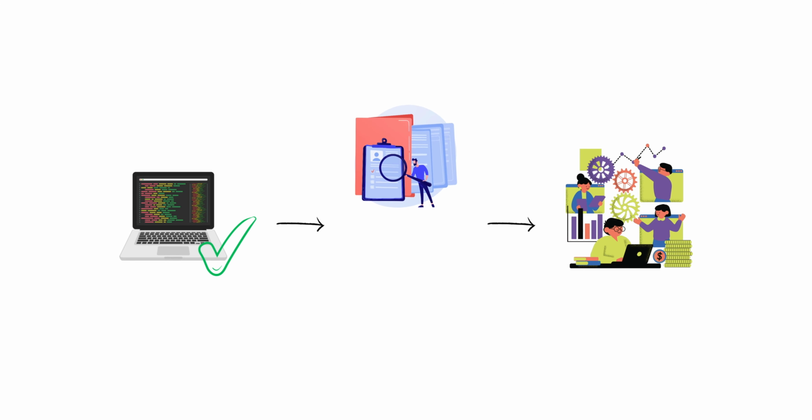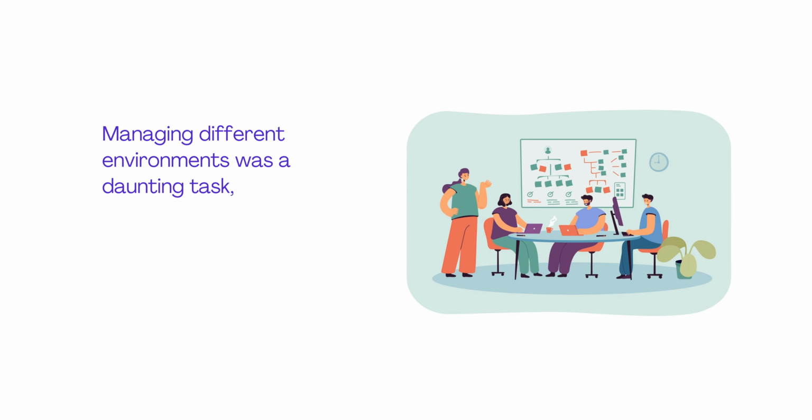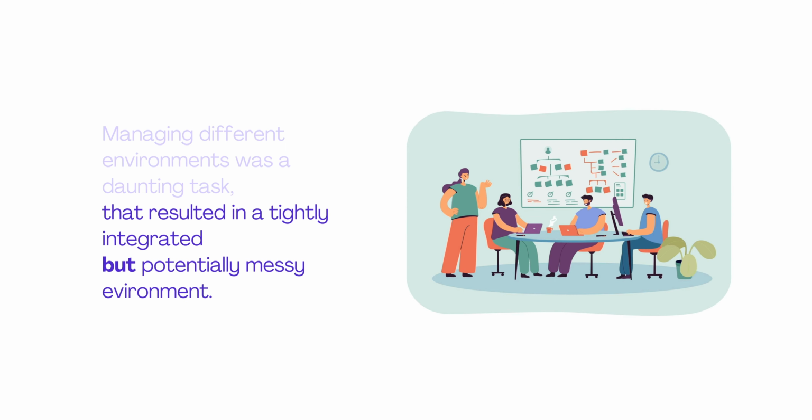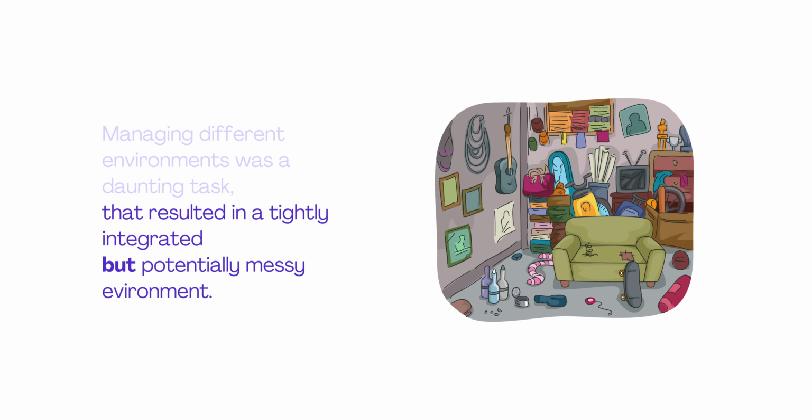This documentation included information on the server environments, required dependencies, and step-by-step deployment procedures, which of course required manual intervention. Managing different environments was a daunting task that resulted in a tightly integrated but potentially messy environment.